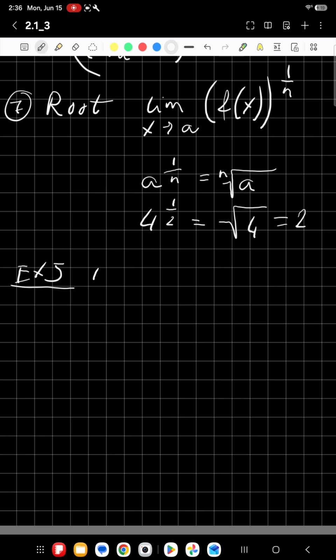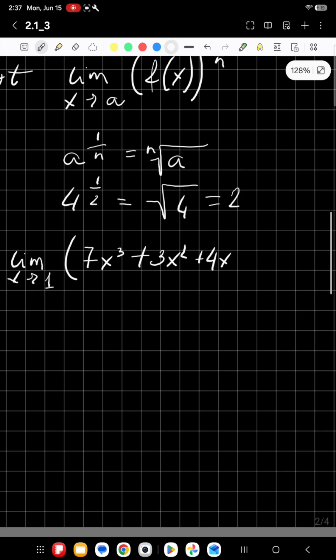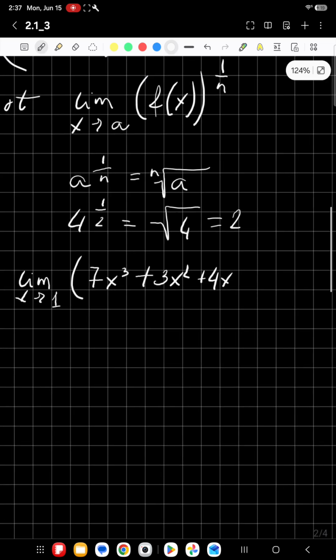So we need to calculate the limit with x approaching 1 of 7x to the third plus 3x squared plus 4x plus 2.